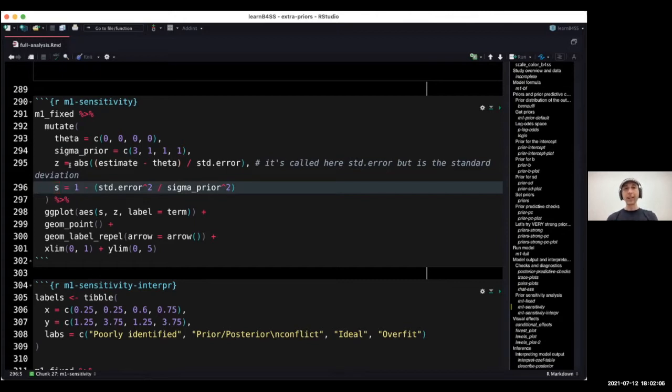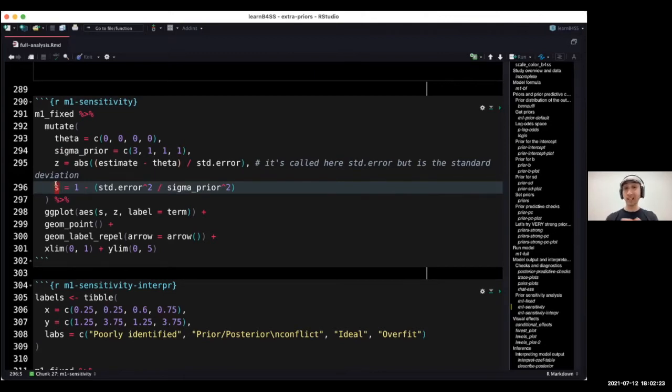So the higher s, the more shrinkage there's been of the width of the posterior, where 0 means no shrinkage at all, and 1 means the greatest shrinkage possible based on the model and the data.